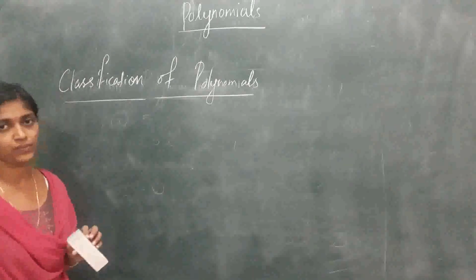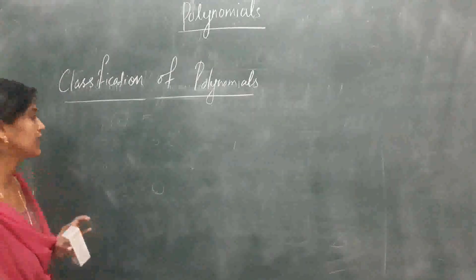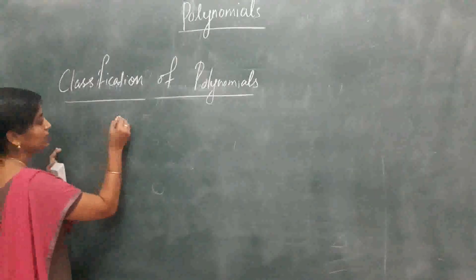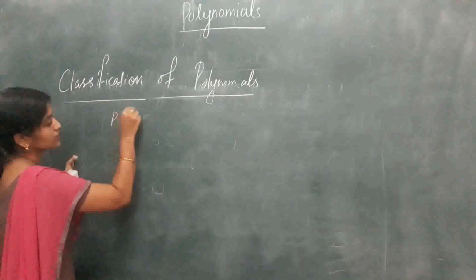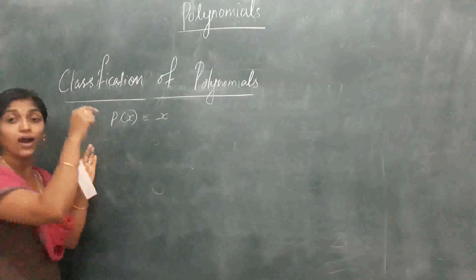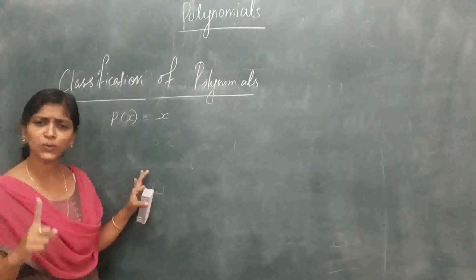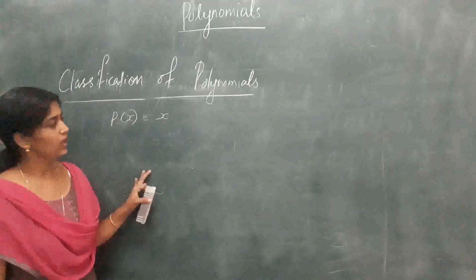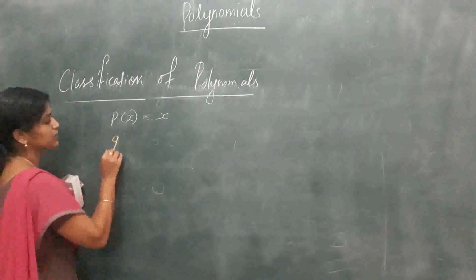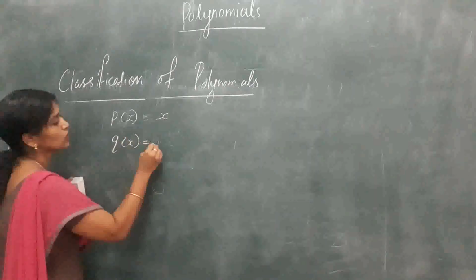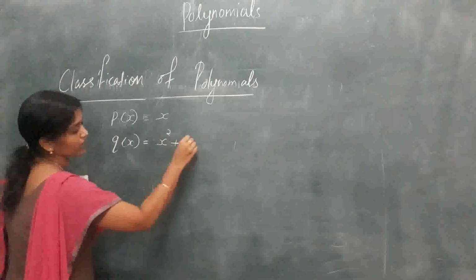Terms first. So if I take a polynomial, I can give it as p of x is equal to some x. How many terms are there for this polynomial? It's only 1. Now if I take another example, q of x is equal to x square plus x.